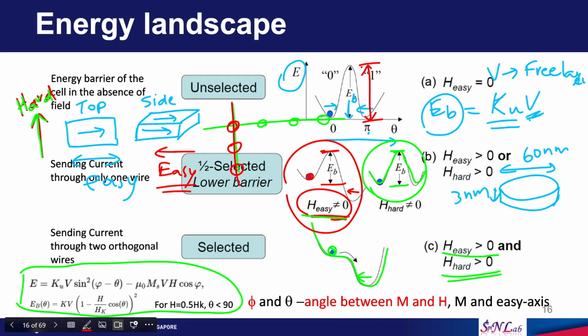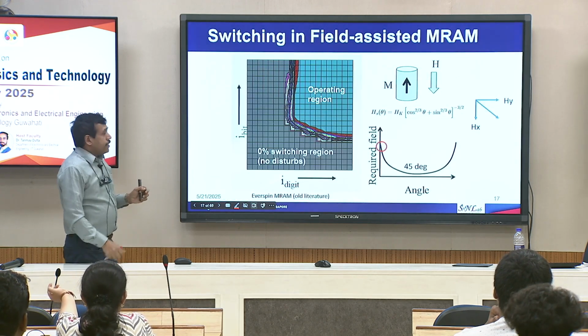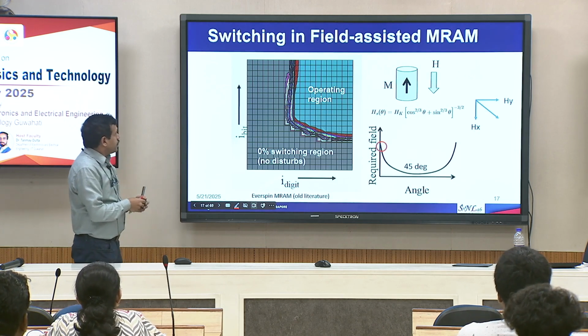Only this particular MRAM which is at the intersection has this energy landscape. So, only this can switch. Okay, so that is the field assisted MRAM.